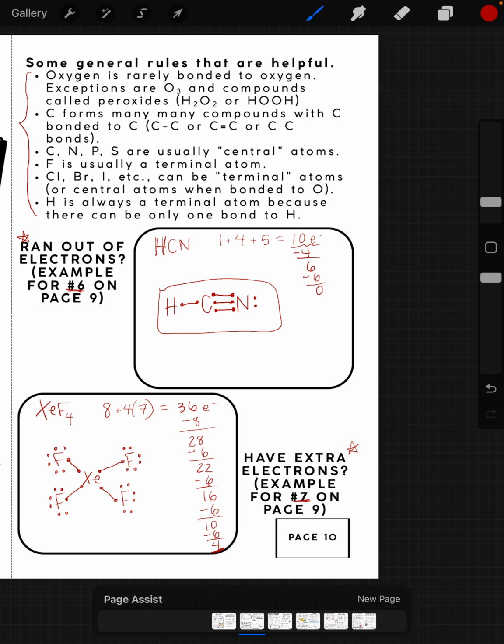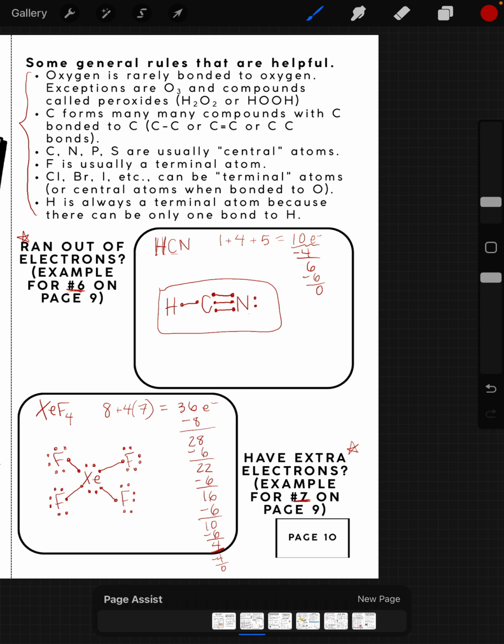So where do we put those extra electrons? Here's what you're going to do. It feels weird, but you just got to do it. We'll talk about it later, okay? You're going to add those 4 extra electrons in as lone pairs around xenon. Isn't that weird? Okay, that's just what you do.